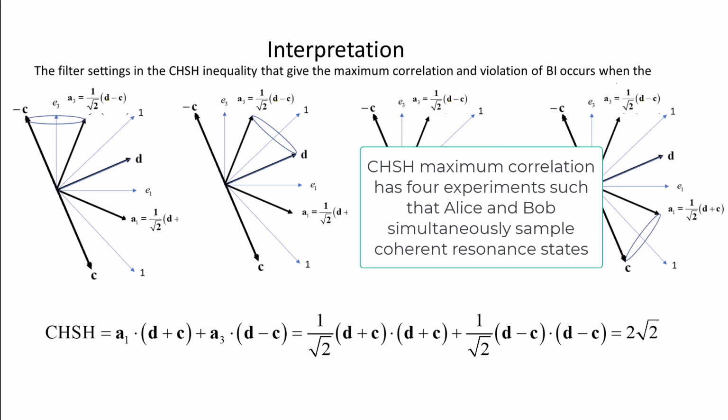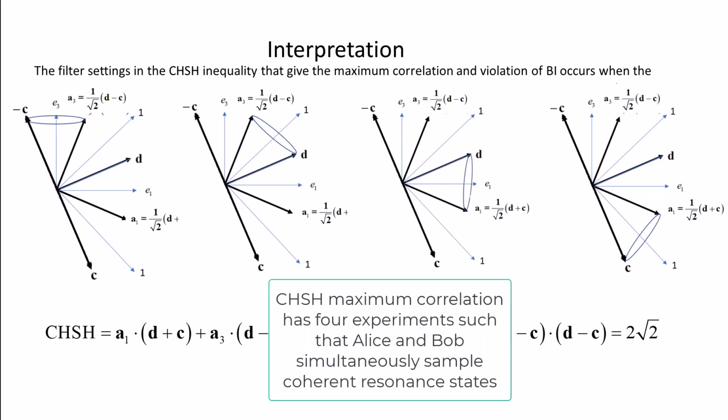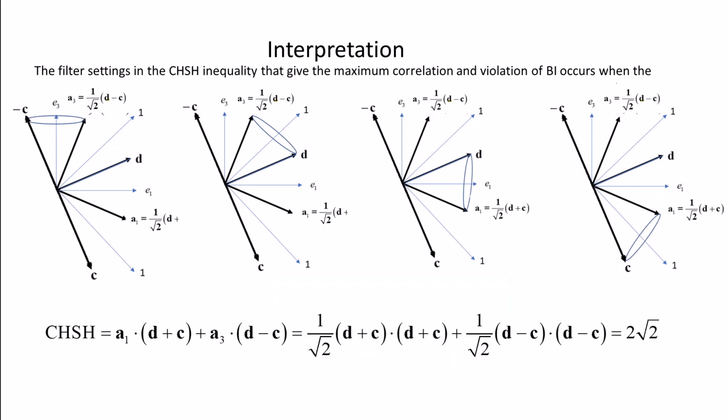Now any one of these filter settings, with Alice and Bob always pi over 4 apart, will sample different features of the spins. That is, either both coherent or polarized spins and different combinations, as they vary theta and rotate under the field. Putting in the values of these into the CHSH equation, that is, A1 dotted into D and C, and A3 dotted into D and minus C, gives a value of 2 root 2.